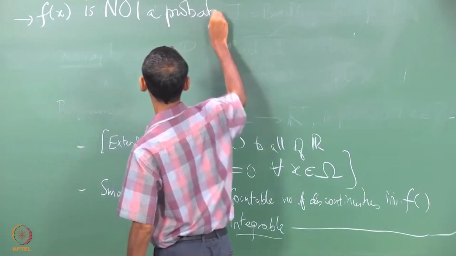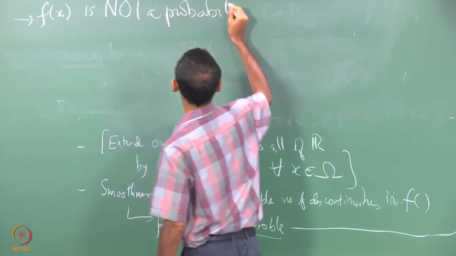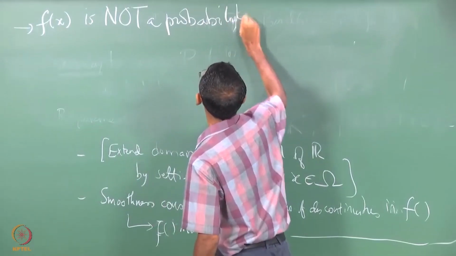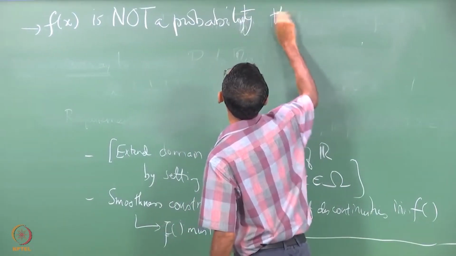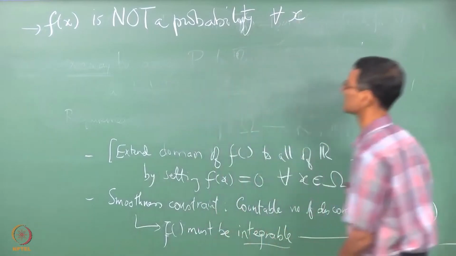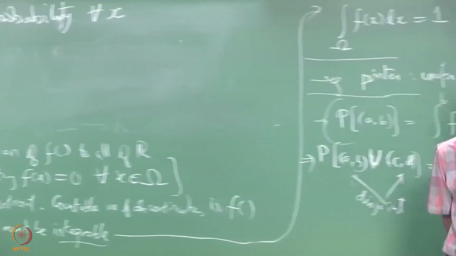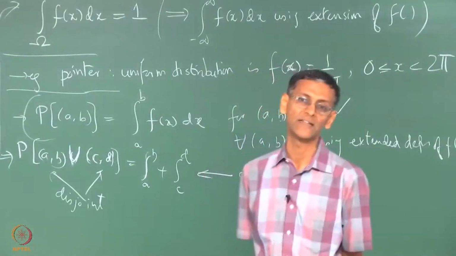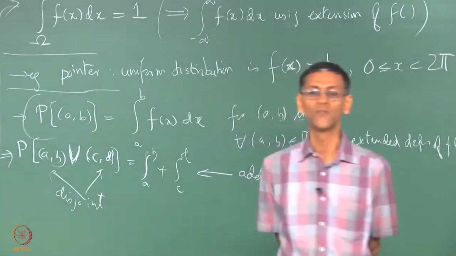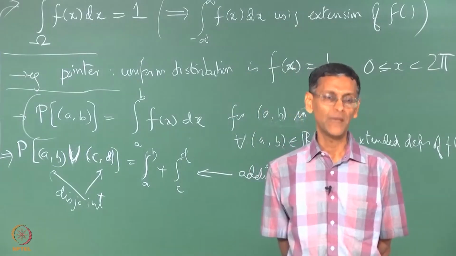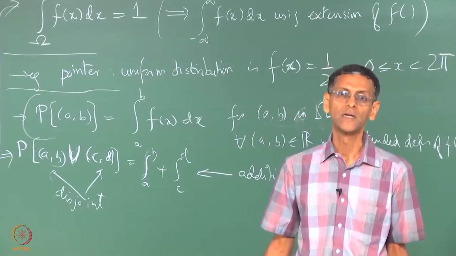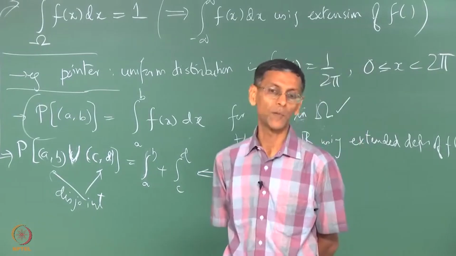This is a very constant source of confusion among students. f of x is only a probability density. You have to integrate f of x to give you a probability. This is where the PDF differs fundamentally from a PMF. A PMF is a collection of probabilities, but the PDF is not a probability.